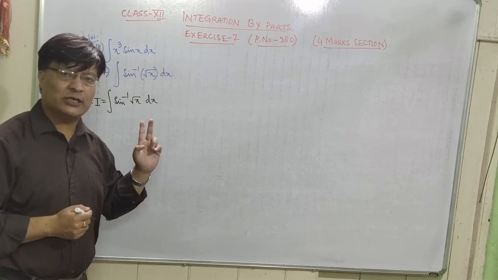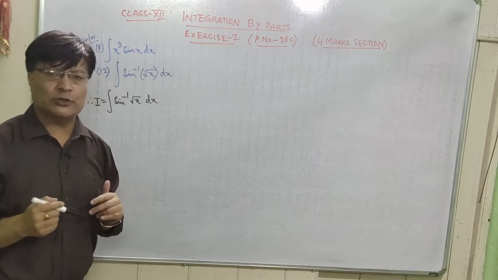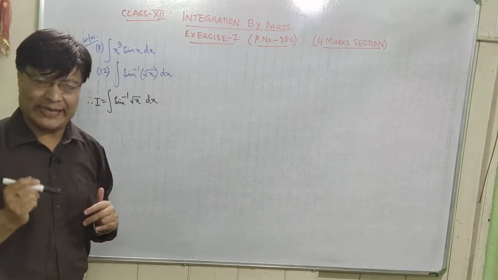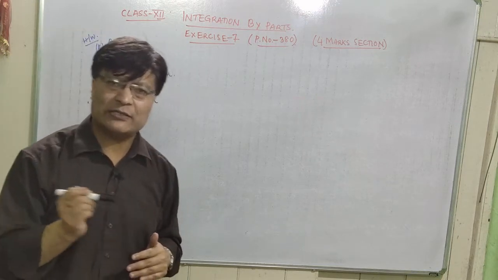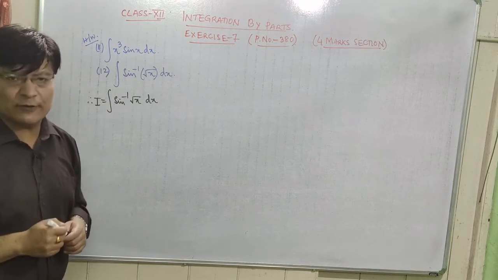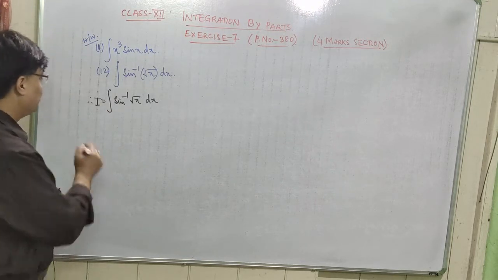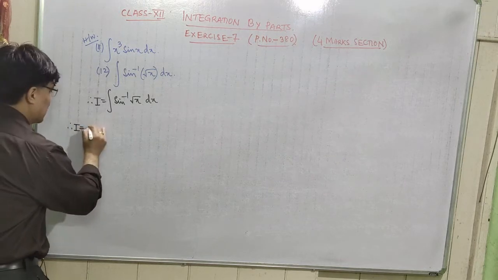So there are two functions here. One is inverse circular function, that is I, and the other one is 1, x to the power 0, which is algebraic function, which is A. So among this I and A, which letter comes first in the word ILATE? I comes first. So sine inverse root over x is the first function and 1 is the second function. So let us use integration by parts in this case.